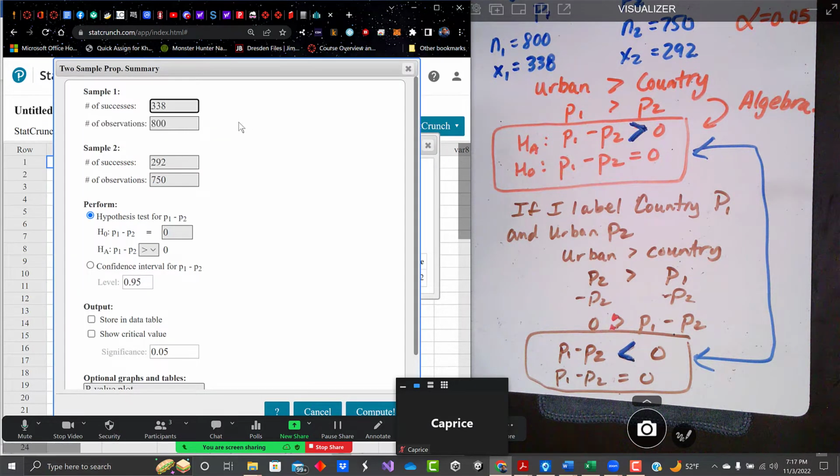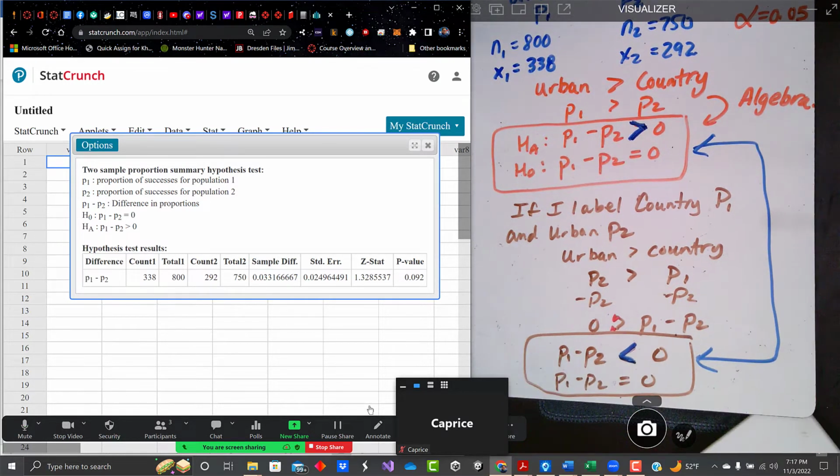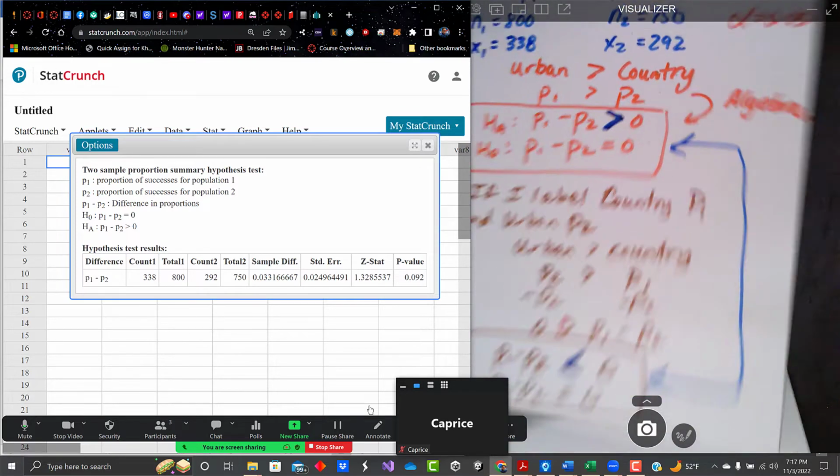I hit enter before I wanted to. All right, so we got 338, 800. We're doing 0. We got the right symbol. We're going to click compute. And I'm going to go ahead and bring up another whiteboard. If you need this one up, let me know.